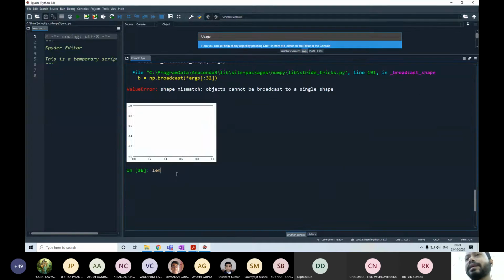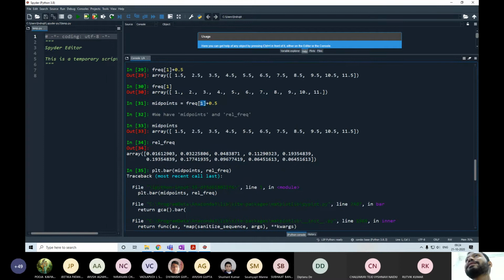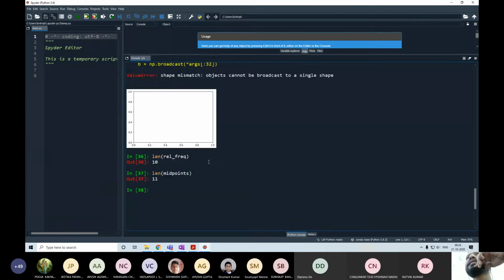The length of relative frequency is 10, right? And midpoints, I described 5 minutes ago that it's actually 11 because midpoints is coming from shifting these endpoints of the classes, which has 11 data points, right? So obviously this won't match the dimension, and therefore you are going to get an error.